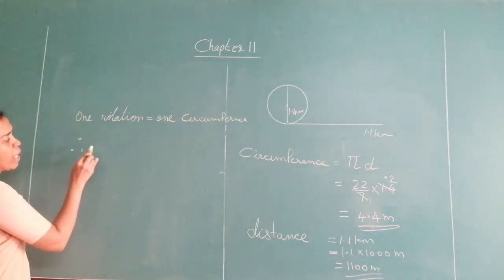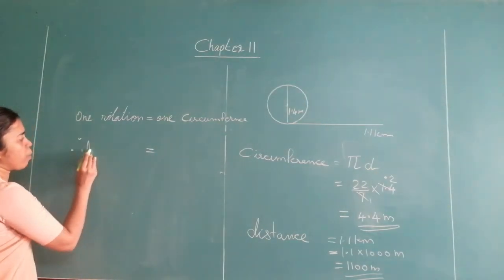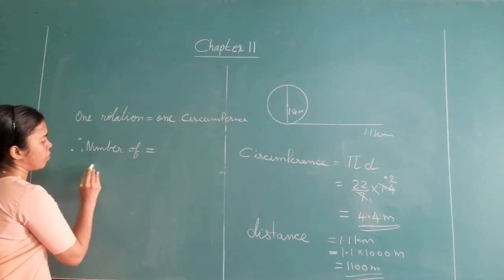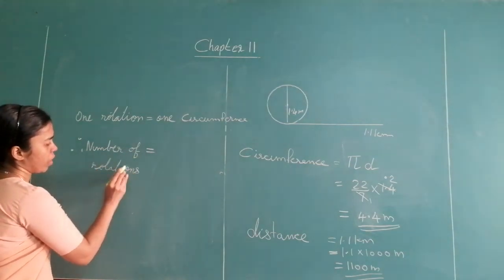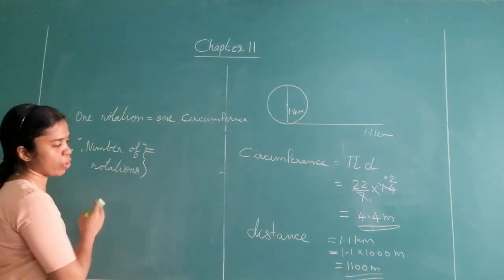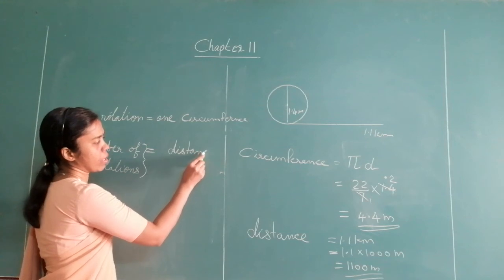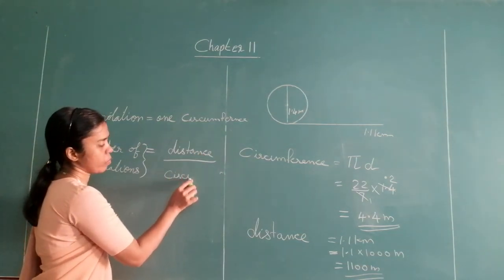Therefore, number of rotations, please write over there. Therefore, number of rotations equal to distance upon circumference.